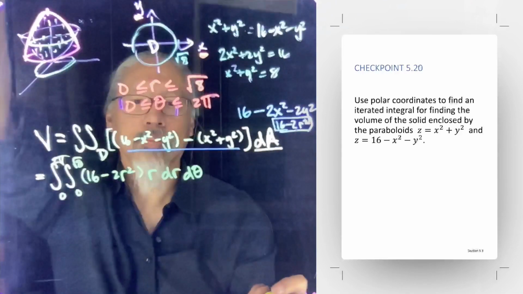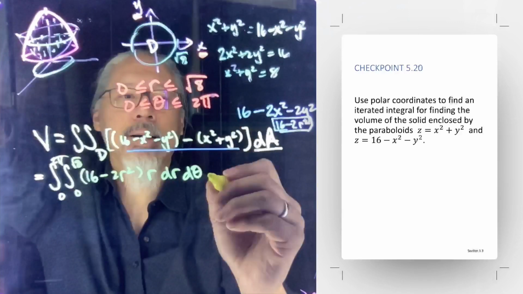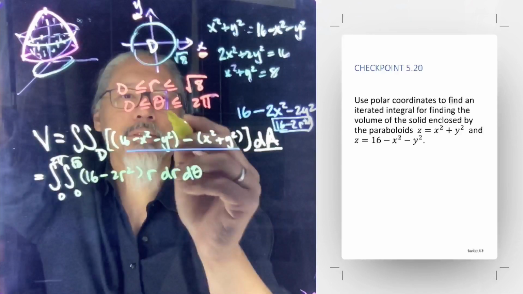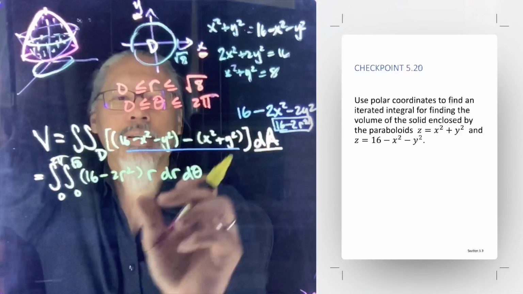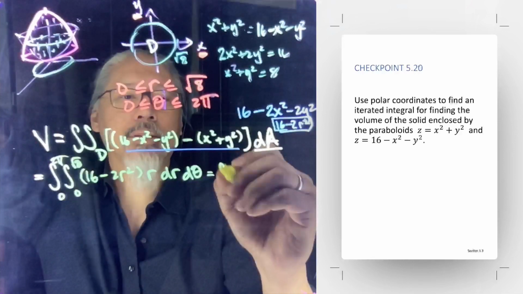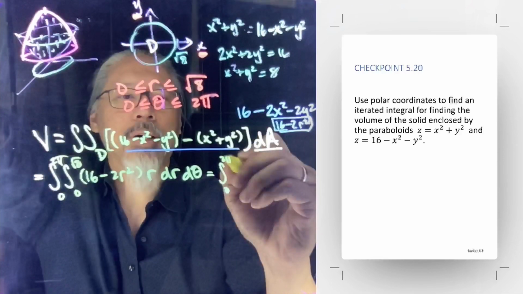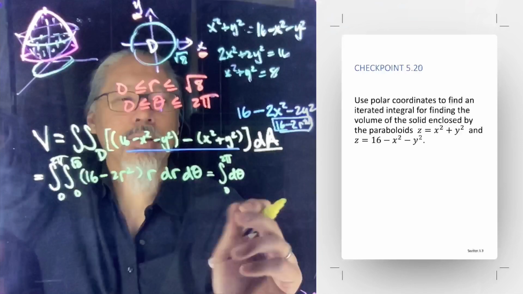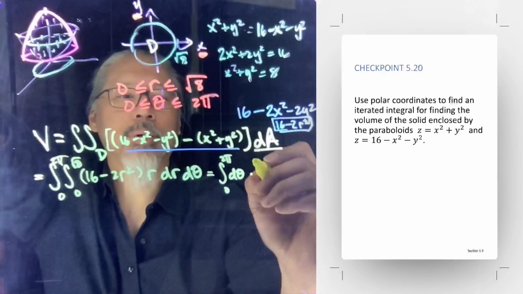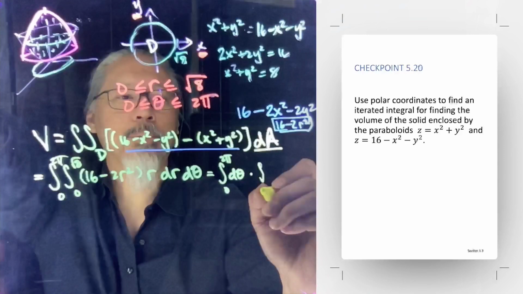We also want to take advantage of the fact that there's no theta in here, so we can move the integral of d theta from 0 to 2 pi outside, and that's just going to be 2 pi. We will see this enough times that we'll just remember that it's equal to 2 pi.